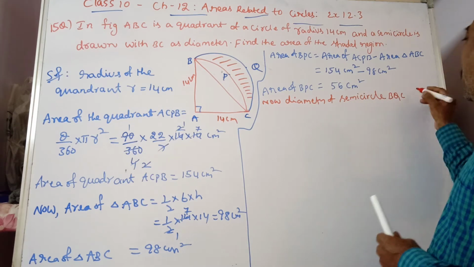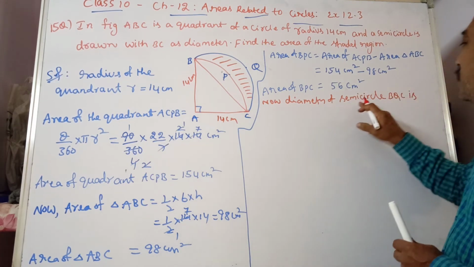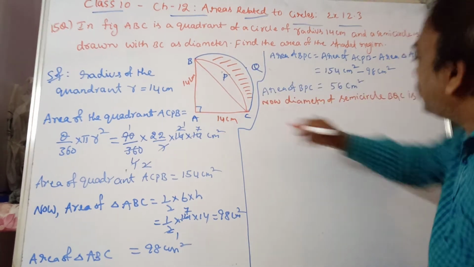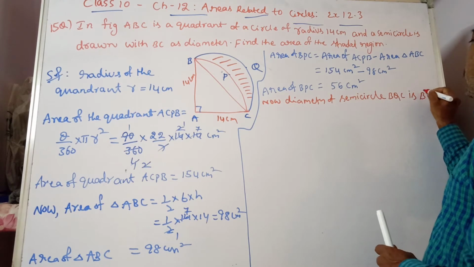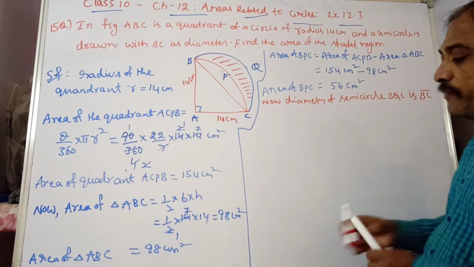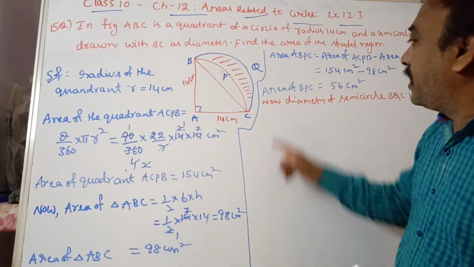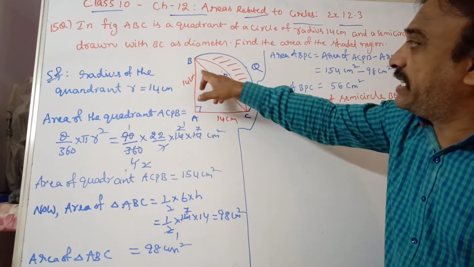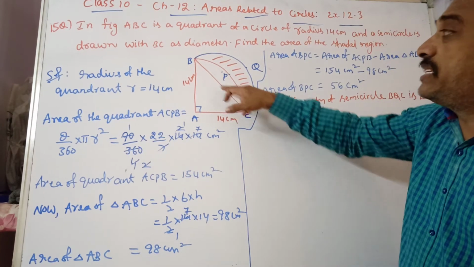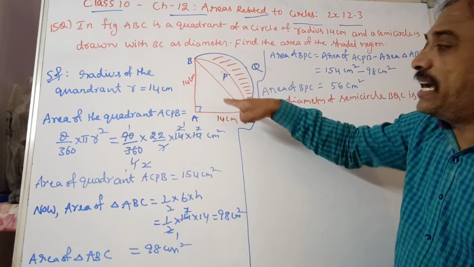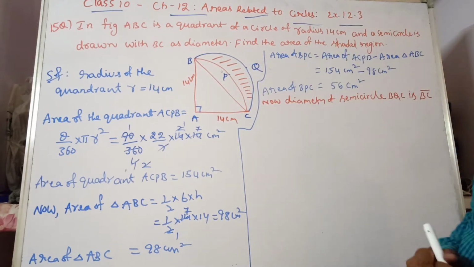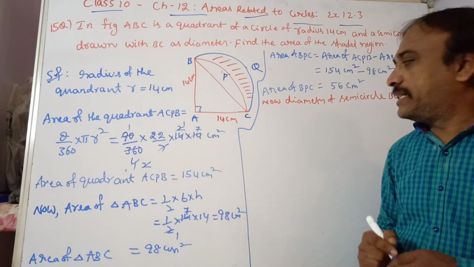What is the diameter? Diameter of semicircle BQC is BC. This BC is the diameter. So if you find out BC, which is nothing but the hypotenuse of triangle ABC, then you can find out the area of the semicircle.